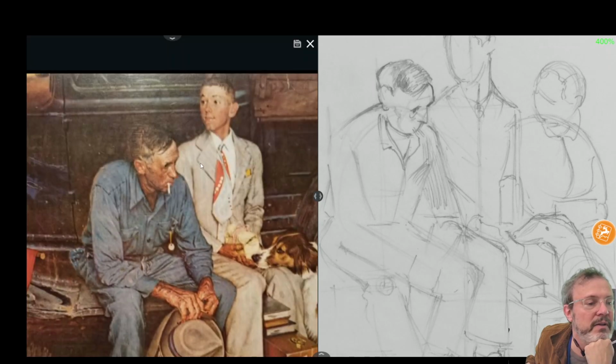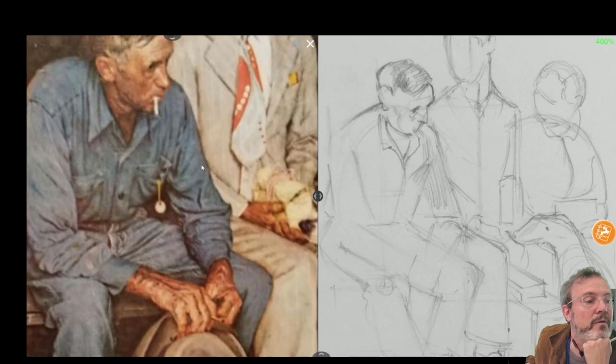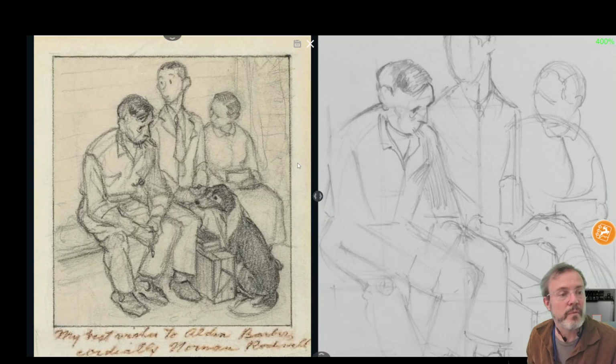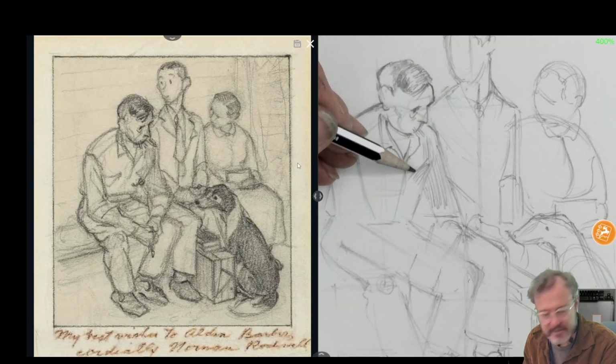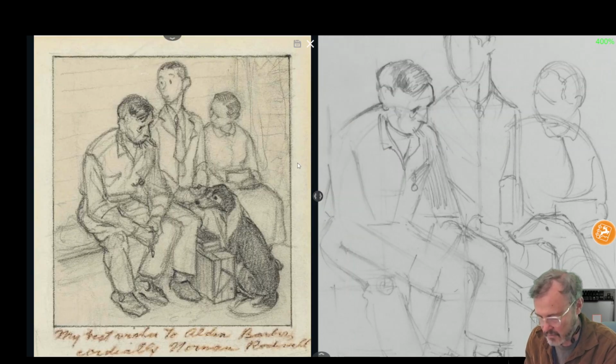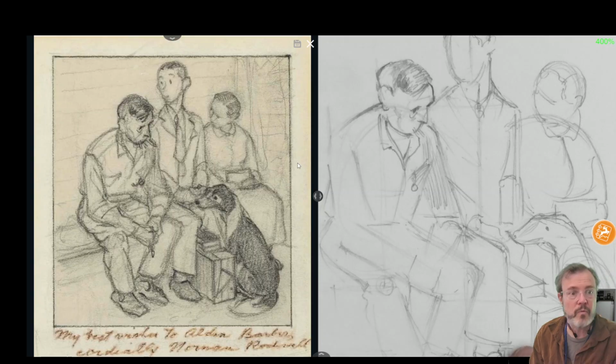I don't know what that is. Okay. But it's something coming out of his pocket on a little string. So we'll throw that in.